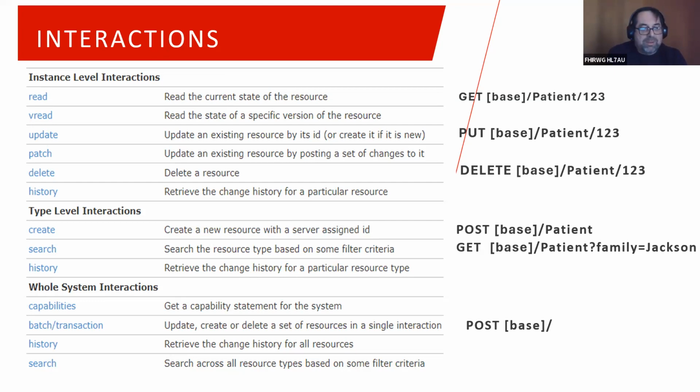So I can create a batch of these patient resources and post them in together. That'll be executed one by one, and there'll be a response saying how successful we were for each of the posts of those records in.